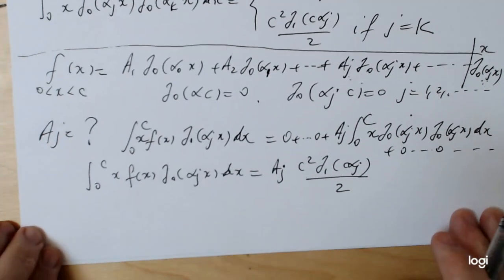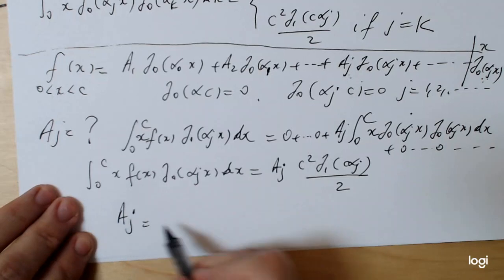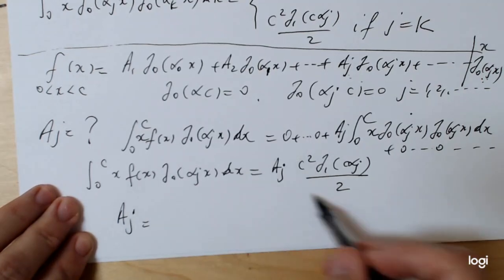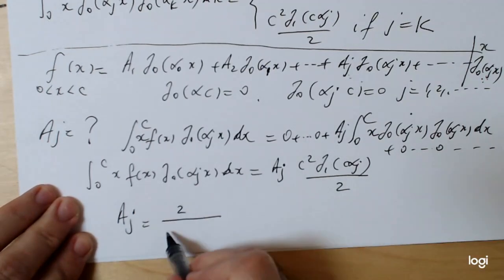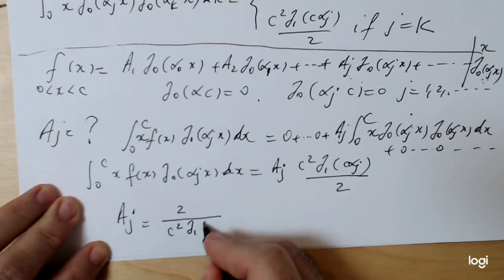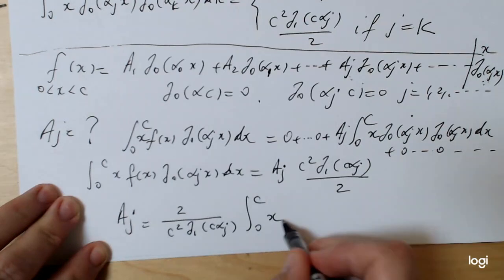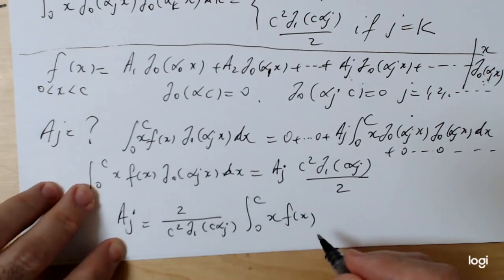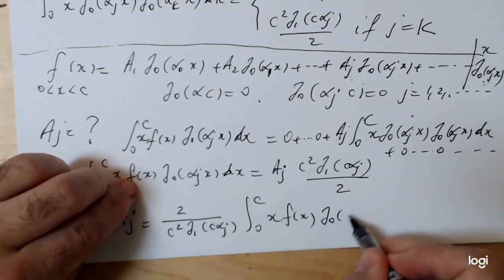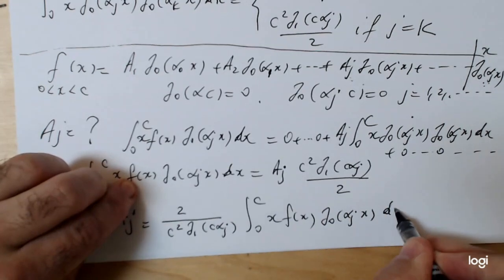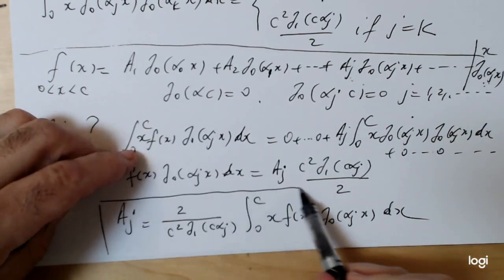So the formula for a_j, because you divide by this coefficient, will be 2 over c squared J1(c alpha_j) times the integral from 0 to c of x f(x) J0(alpha_j x) dx.